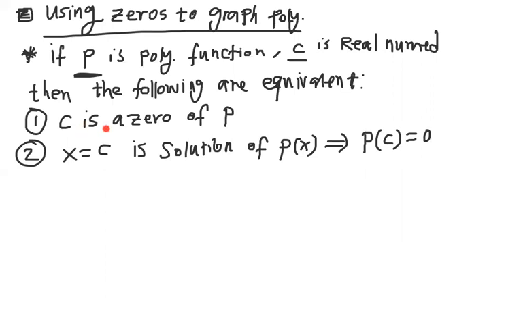So since c is a zero of p, that means p of c equals 0.